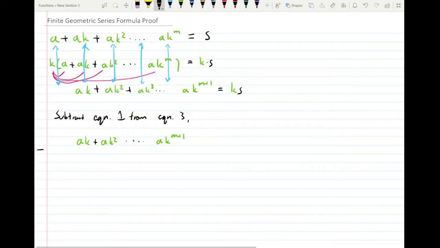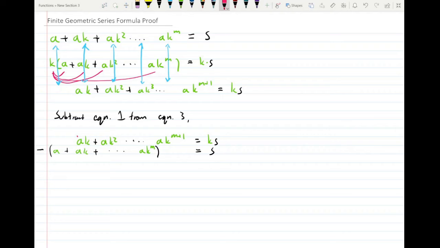We're subtracting out A, AK, and so on, to AK to the M. And on the right side, subtracting from KS, just S by itself.